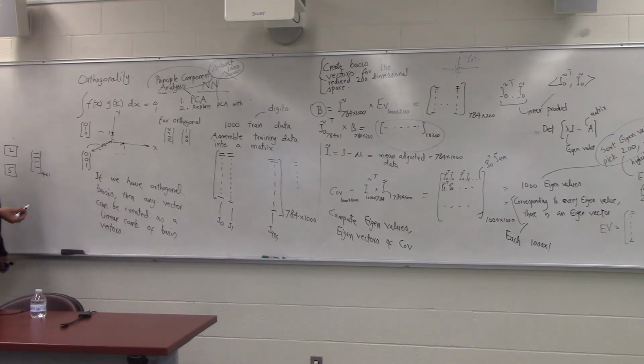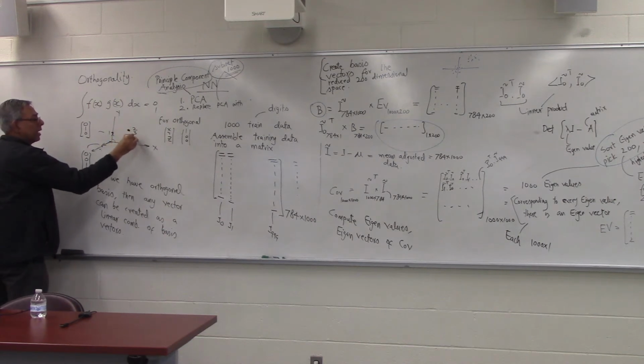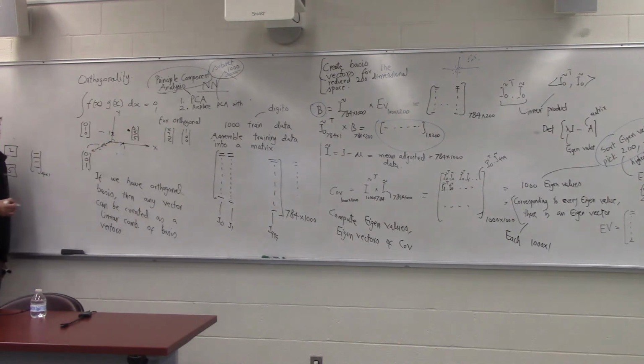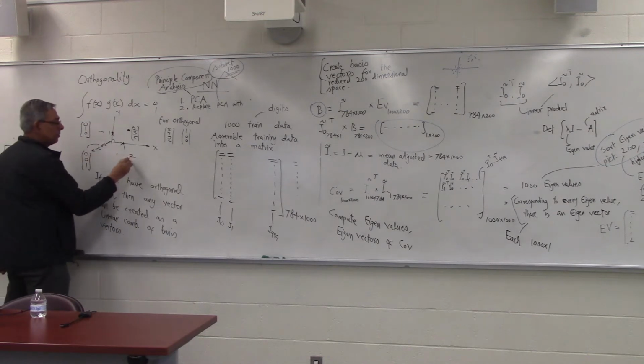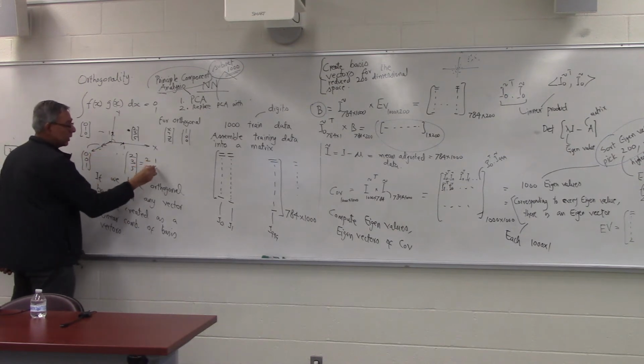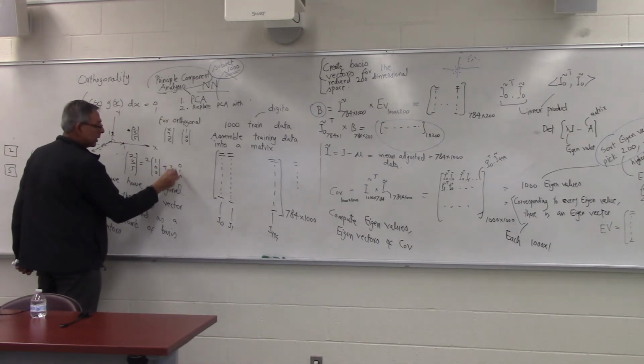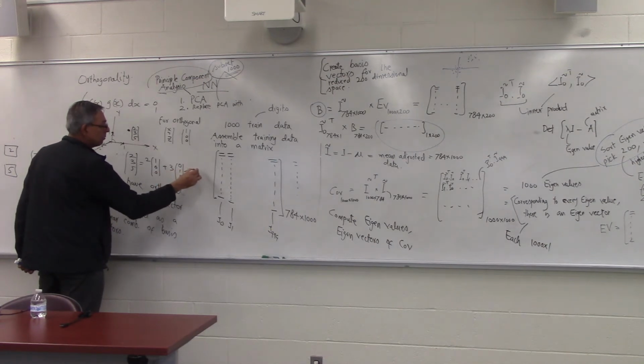So let me give you an example. Suppose somebody gives us a point 2, 3, 5. Let me show you how this will be represented as a linear combination of the three basis vectors. 2, 3, 5 can be written as 2 times the basis vector on the x, which is 1, 0, 0, plus 3 times the basis vector on the y, which is 0, 1, 0, plus 5 times the basis vector on the z-axis.